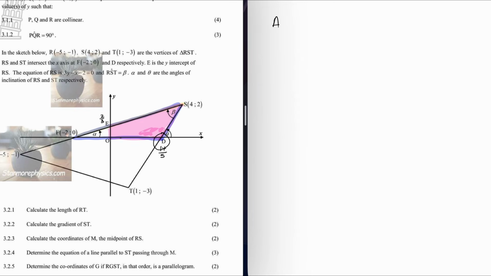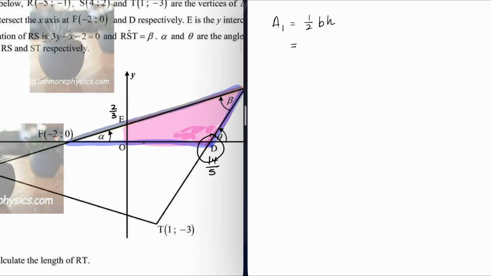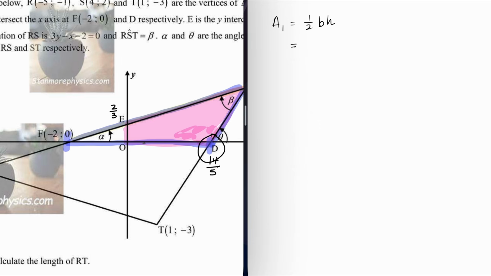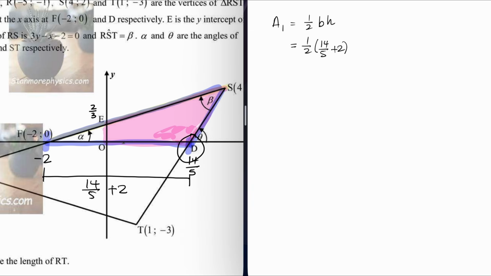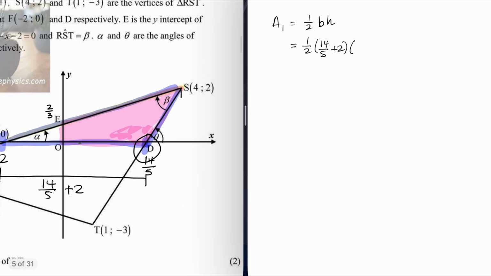So area 1, let's call that 1. That's going to equal half base multiplied by height. Now the base is going to be from here to here. So this coordinate is -2. This coordinate is 14/5. So the length from here to here is going to be 14/5 plus 2. And the height of this triangle is simply going to be the height here.